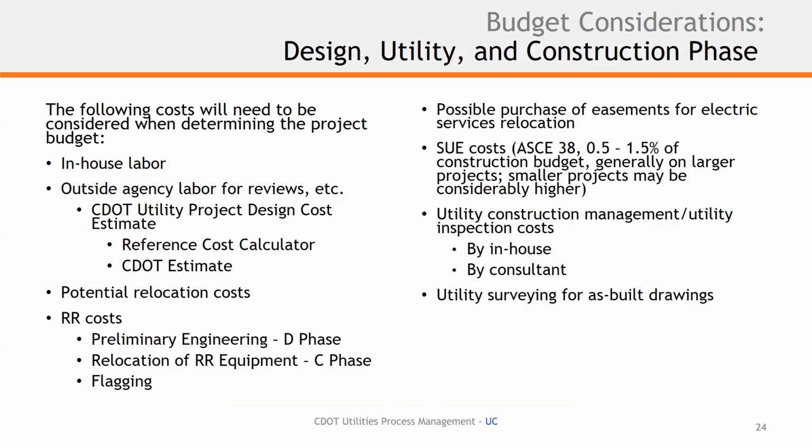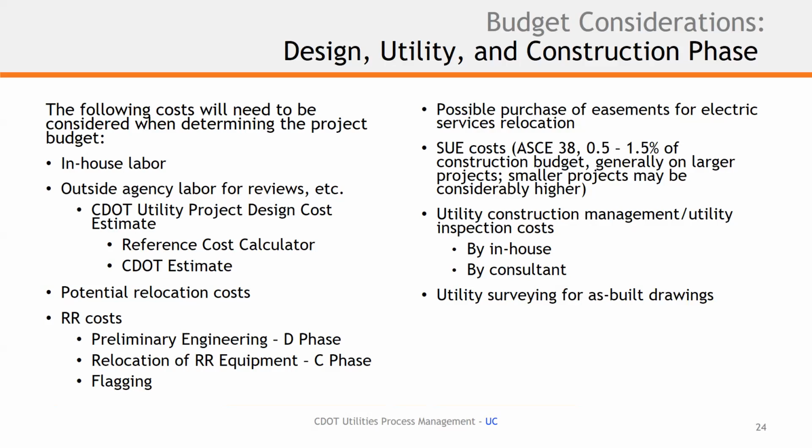So we need to try and work with right-of-way on some of those things, and maybe it's even a high-level dollar amount to try an area plus a unit value that's available to try and put a budget together for that. And then, you know, a big one is SUE costs and trying to figure out what those would include.